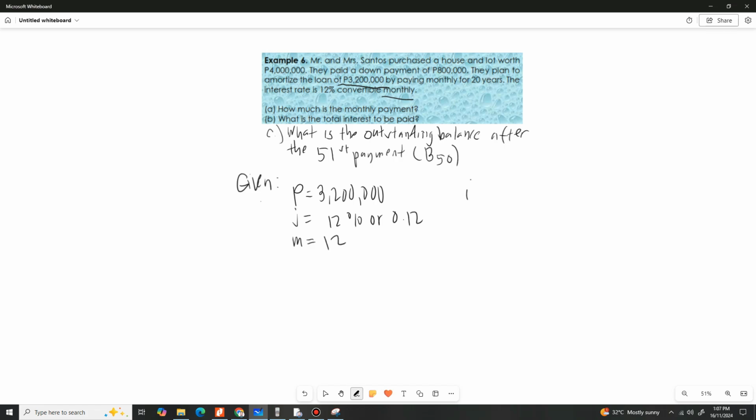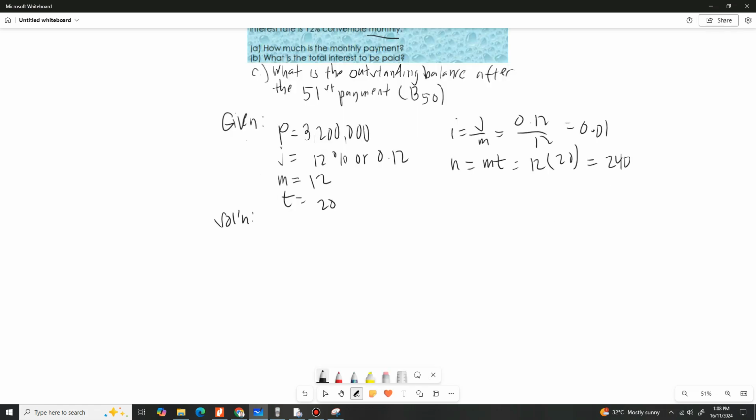Then we compute for I, which is J over M: 0.12 divided by 12 will give us 0.01. And then our N is M times T. By the way, T is 20 years, so we have 12 times 20, which gives us 240.